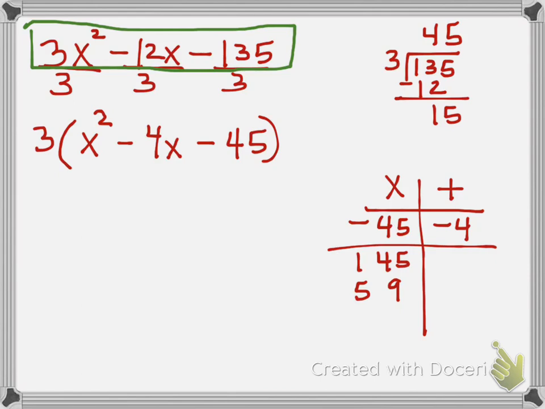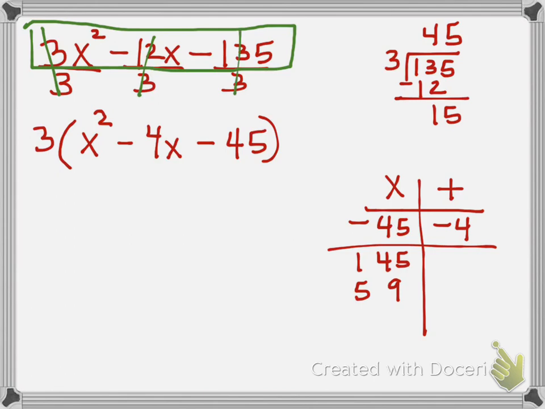Negative 12 and negative 135 have a GCF. It's 3. So I take the GCF out. When I take the GCF out, this becomes 1, this becomes negative 4, and this becomes negative 45.